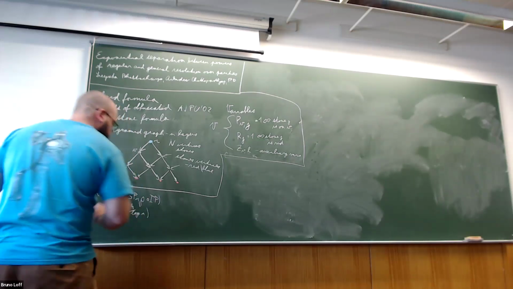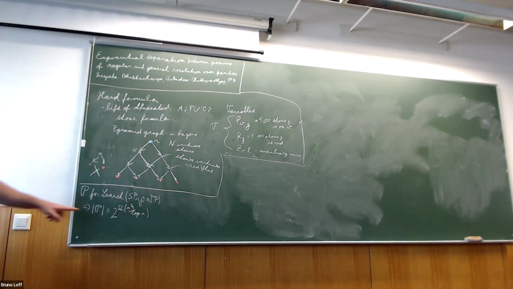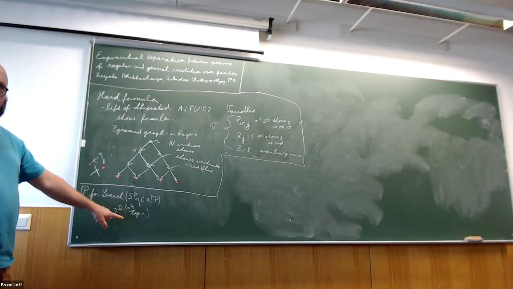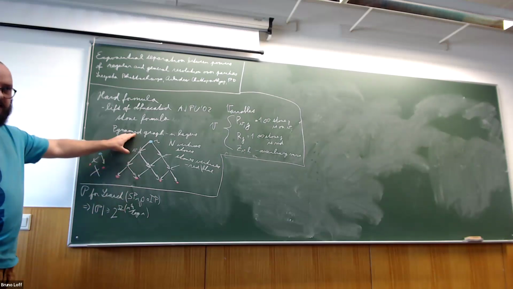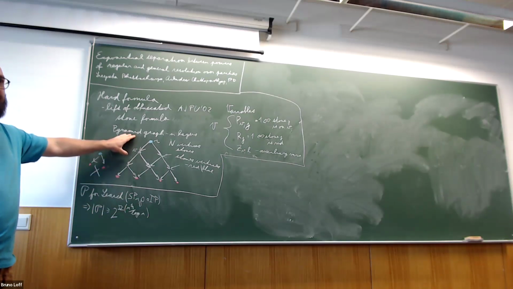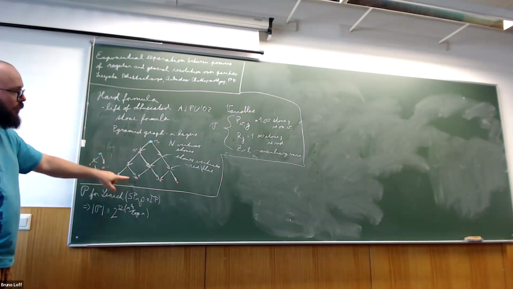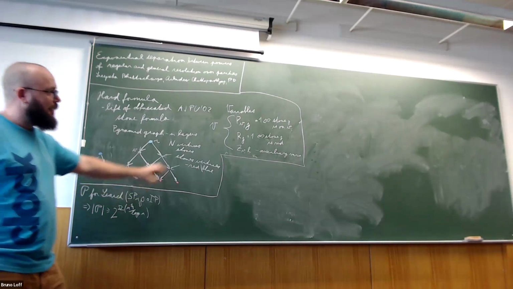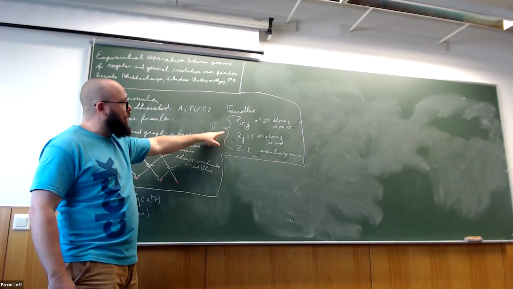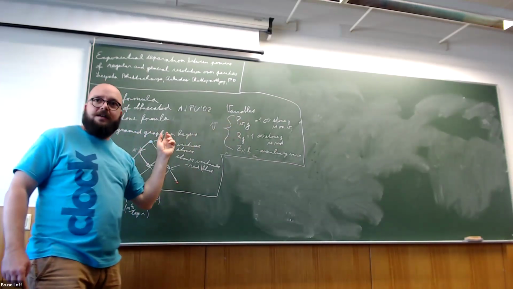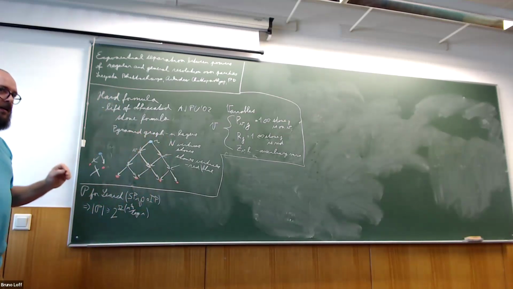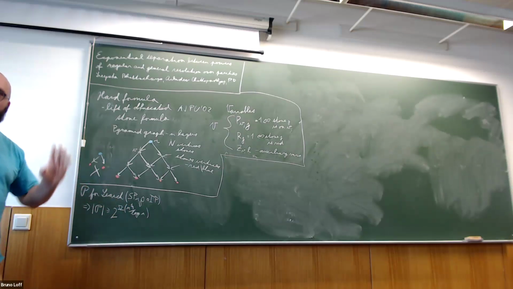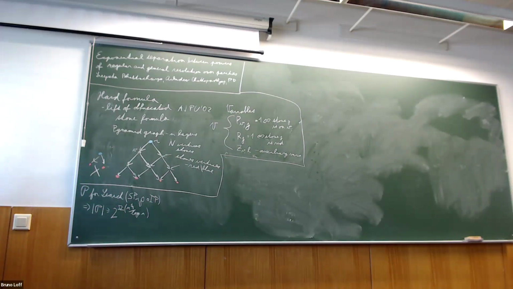This n is not the number of variables, it's the number of layers. This pyramid graph has n squared nodes, and we have n to the 4 variables, because we have a variable per stone and node in the pyramid graph.